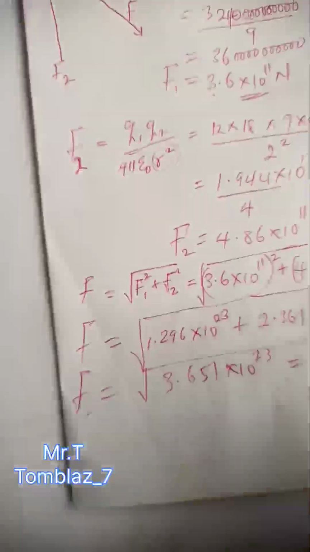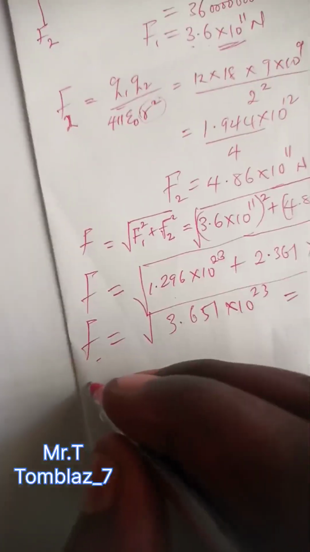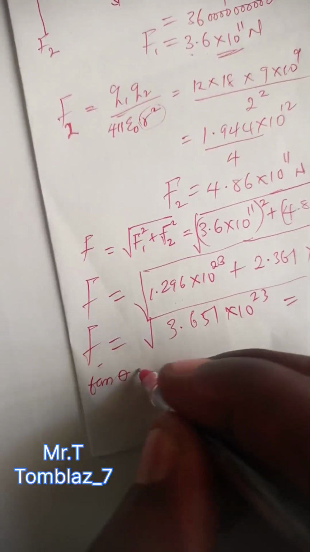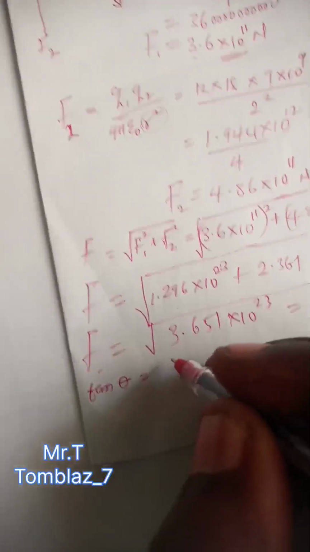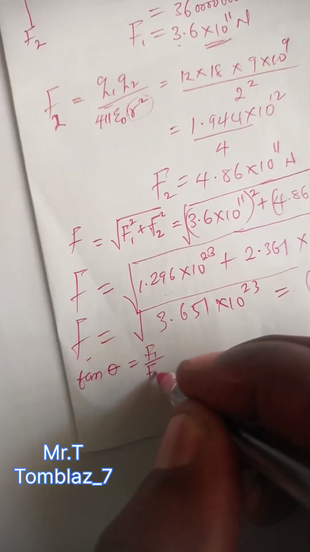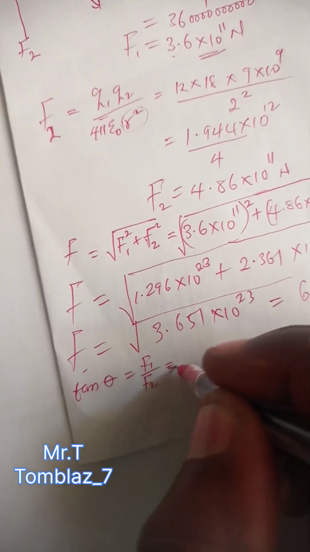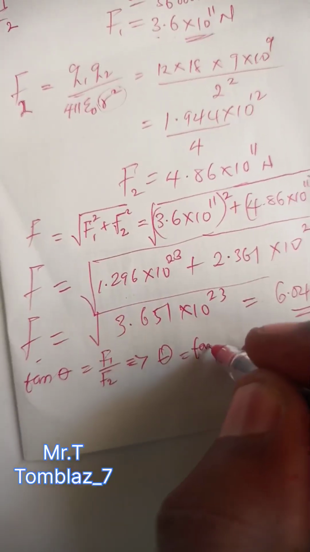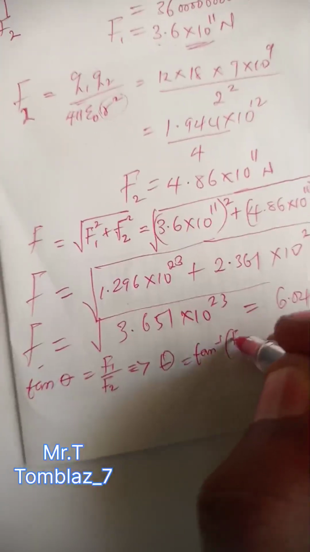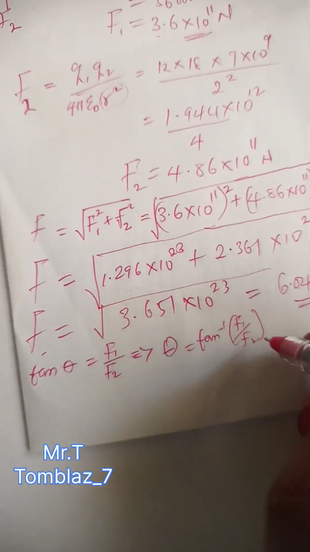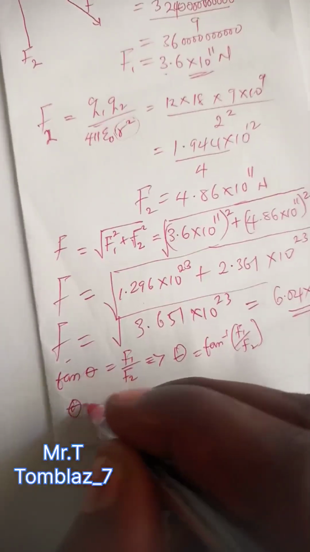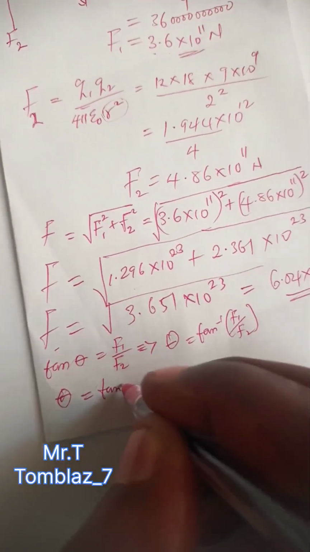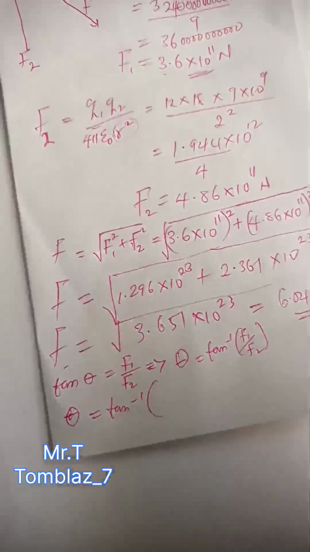Okay, so how about the angle? We have to find the angle. Tan theta is equal to what? F1 divided by F2. So our theta will be equal to tan inverse of F1 divided by F2.